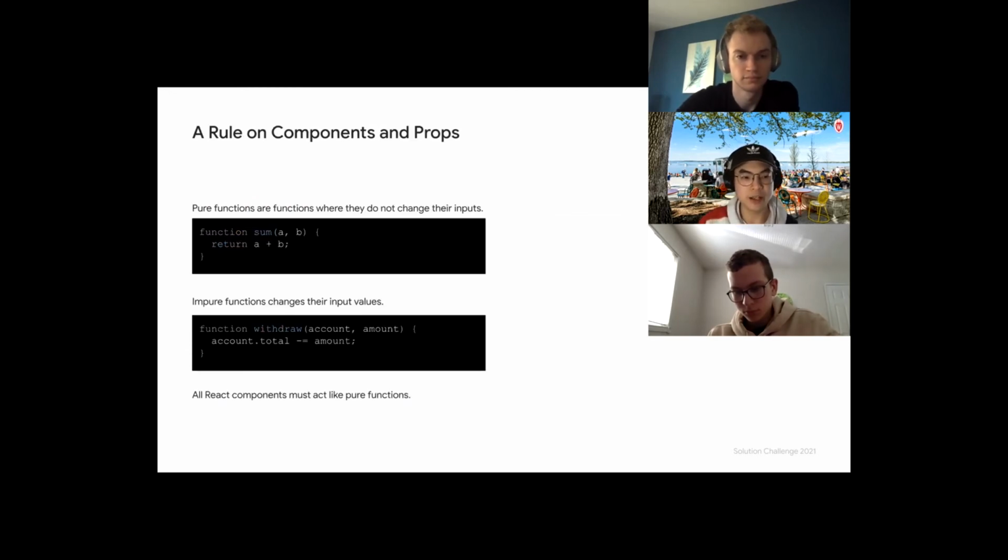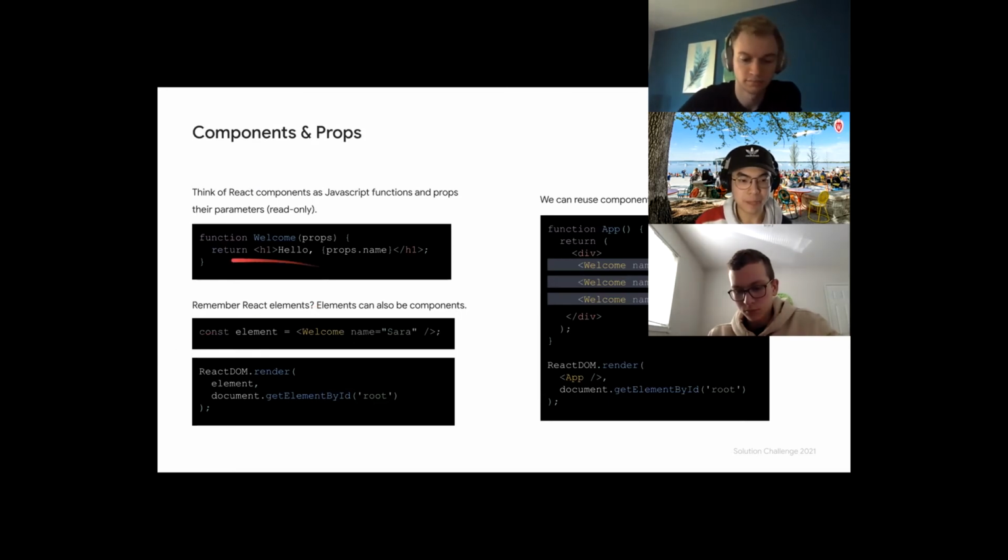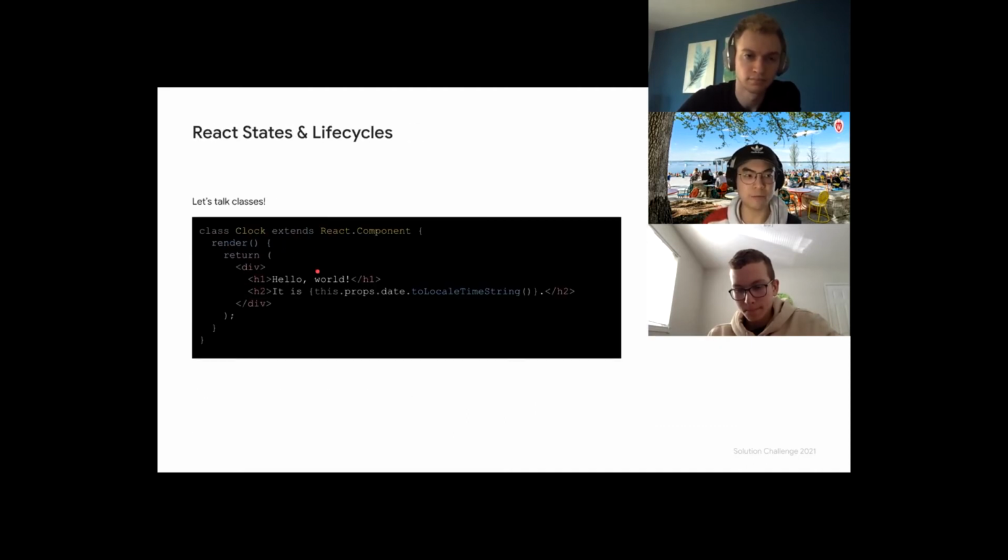Before, in our React component function case, it's just a simple function that returns the React element, right? But we want it to be able to have custom fields, constructors, and all of the things that classes require or allow you to have.